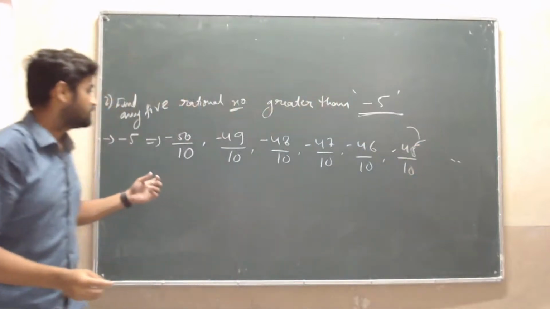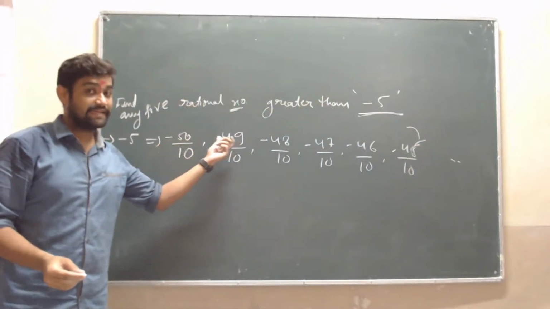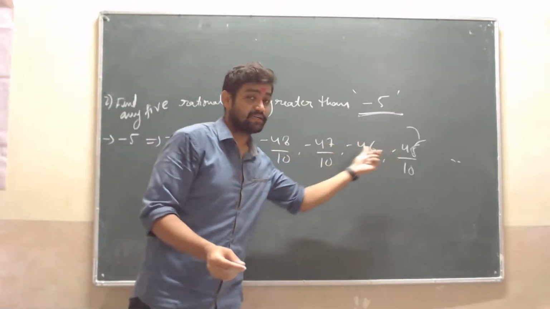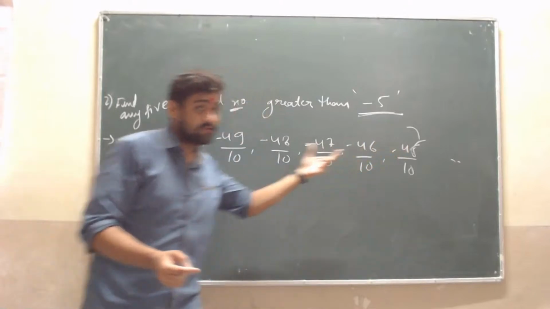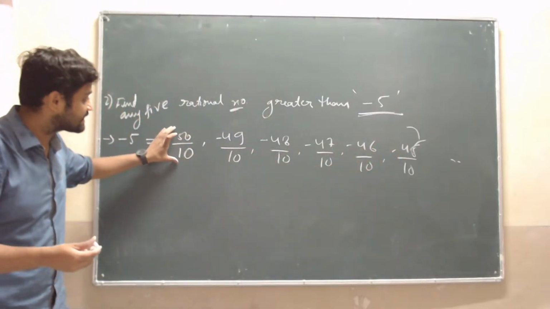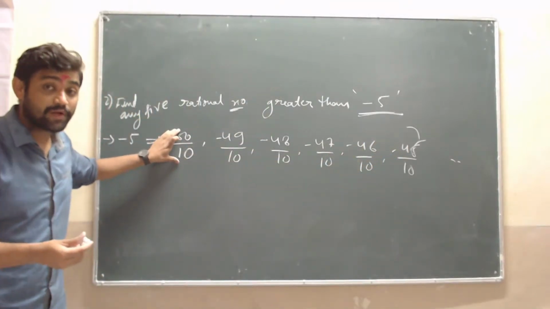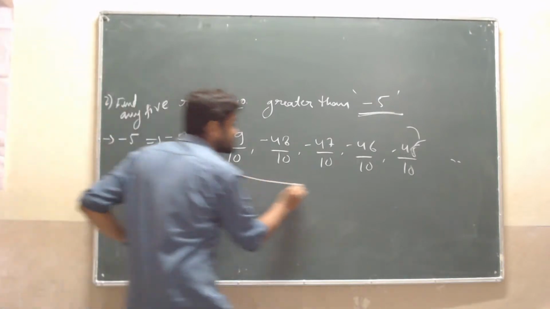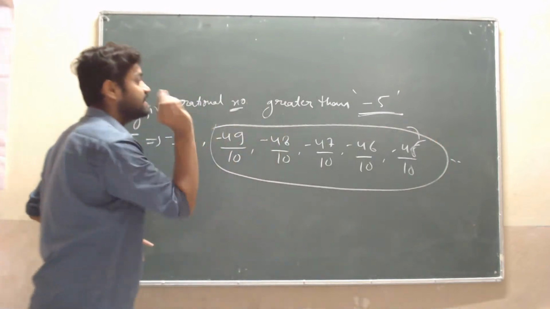See here, minus 49 is greater than minus 50, and this one will be greater than this, and like that. These are the numbers greater than minus 50 by 10, because minus 50 by 10 is equal to minus 5. Then these are the rational numbers which are greater than minus 5.